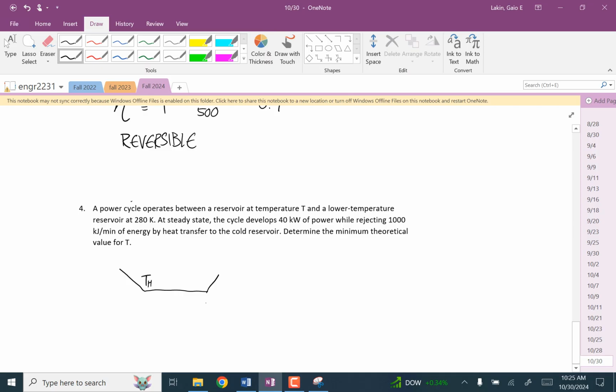I'll call that TH. And then we do know that the cold reservoir is at 280 Kelvin.